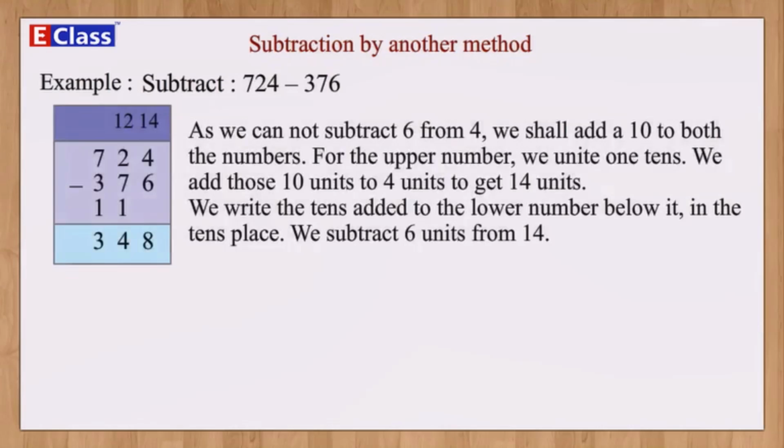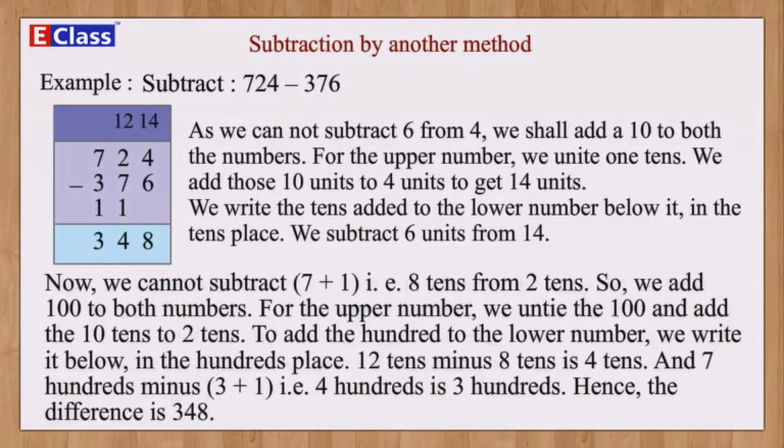For the upper number, we untie 1 tens. We add those 10 units to 4 units to get 14 units. We write the tens added to the lower number below it in the tens place. We subtract 6 units from 14.